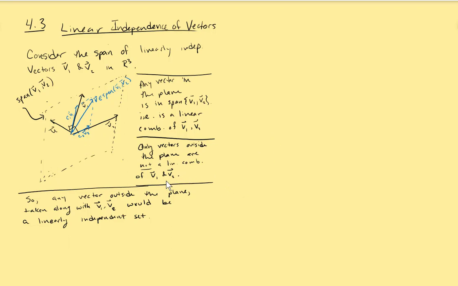But since we know that linear independence requires that no single vector is a linear combination of the others, this fact tells us that any vector that sits outside the plane, since it's not a linear combination of v1 and v2, could be taken along in a set with v1 and v2 to yield a new linearly independent set.